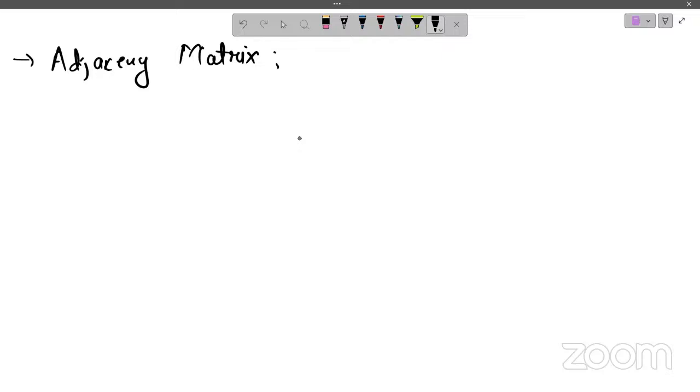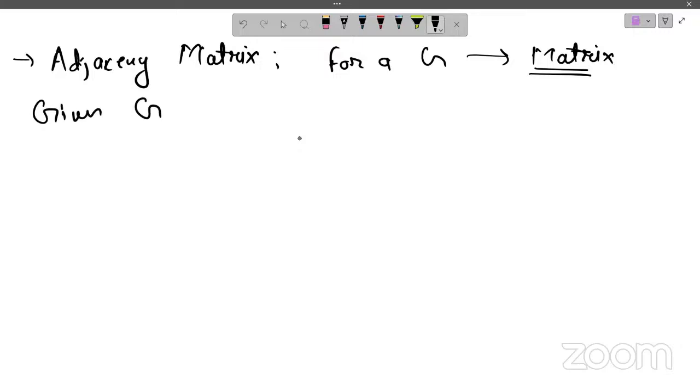Now, as usual, for a graph G, we try to assign a matrix related to the graph G. How will you construct a matrix related to a particular graph G? You are given a graph G, so that means you are given a set of vertices and the set of edges. Suppose I have n vertices, 1, 2, up to n. Then I have to construct a matrix.